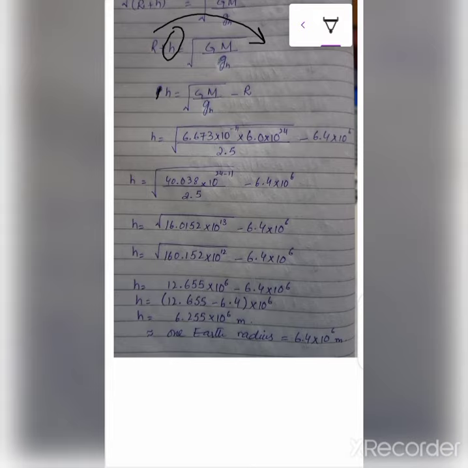Now putting the values, you will have all these values. You have put all the values here and solve the exponents of 10 raised to 24 and 10 raised to power 11 minus 11 together. Multiply the rest of the values together. 40.038 divided by 2.5. Also do these measurements stepwise, otherwise there are chances of some mistake.